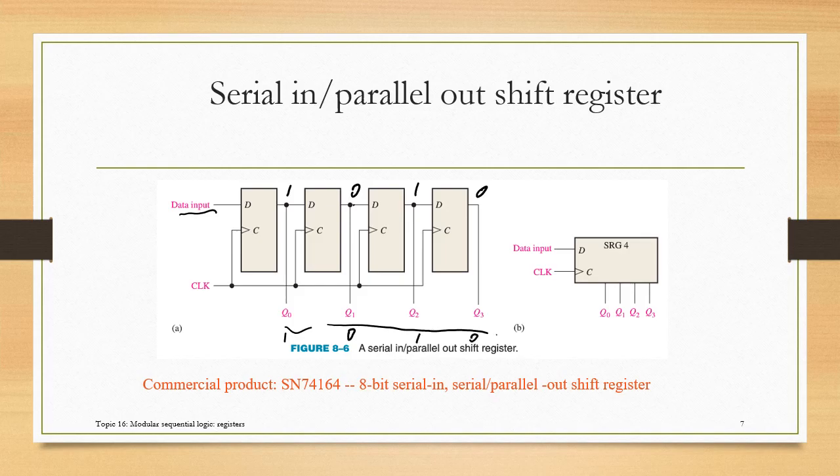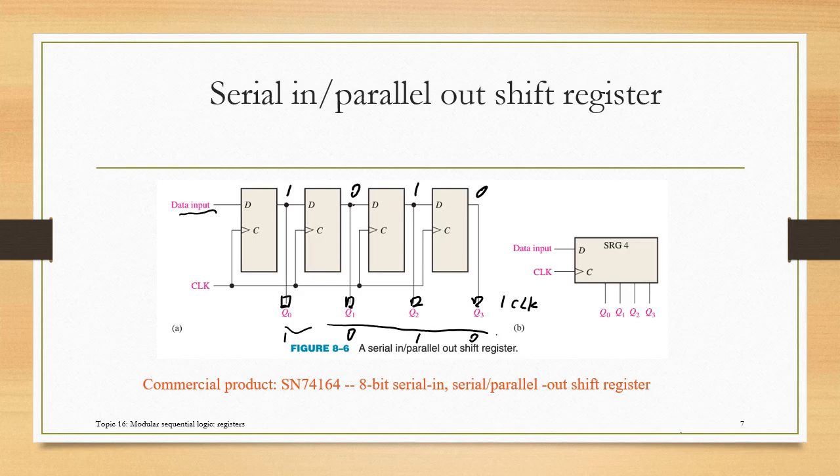We don't cost an extra cycle to read the data, but usually we have some output flip-flops here, so it usually takes one clock cycle, in this case a rising edge, to read all the data out.